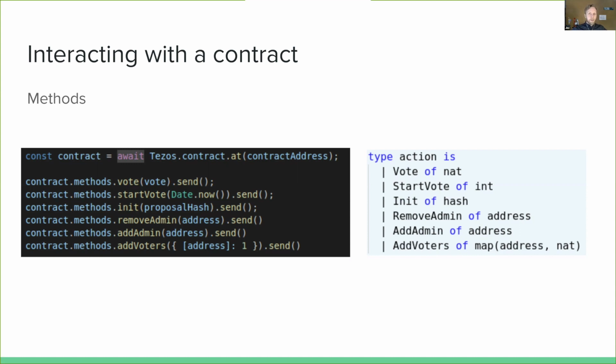From the Michelson that it gets on the chain, it parses that and figures out what methods it's going to create. So it dynamically generates at runtime these methods vote, start vote, and so forth. And it also figures out the types for the params. At the bottom here, most of these are quite simple. They're single values that they take. Add voters takes a map, and we're using a computed key there at the bottom for address, with the value of 1.